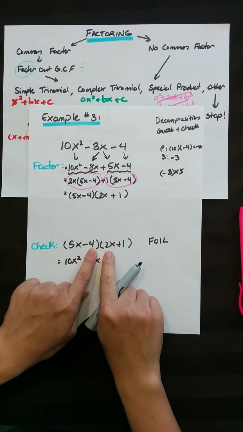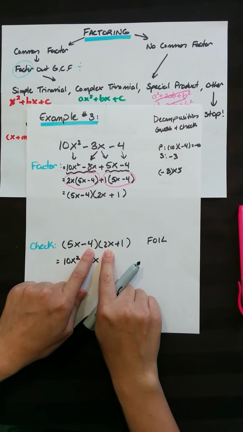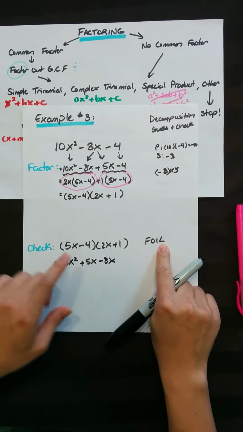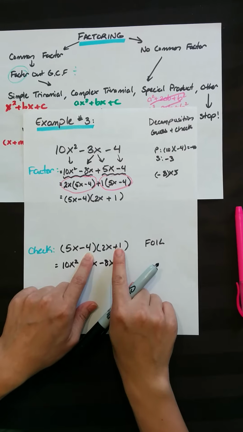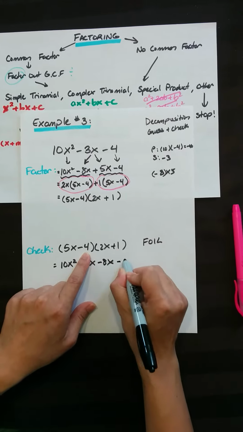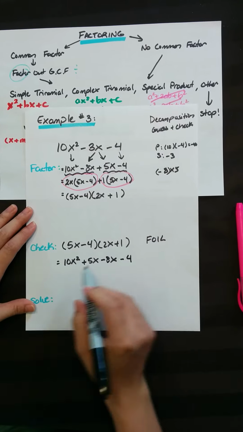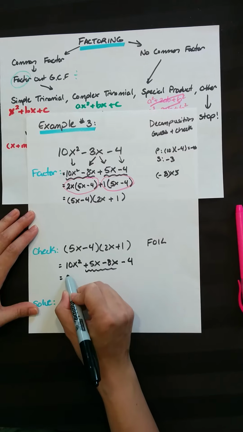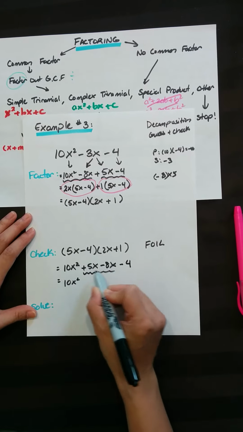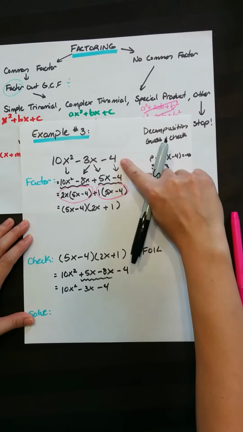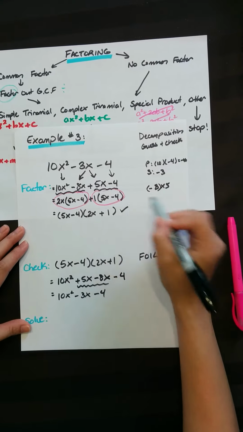I for inside, that's these two. Multiplied together gives me negative 8x. And L for last, that's the last one in this bracket and the last one in this bracket. Multiplied together, negative 4. Okay, and then we're just going to simplify this middle part. 10x squared minus 3x minus 4, and that should match your original question, so this answer is correct.